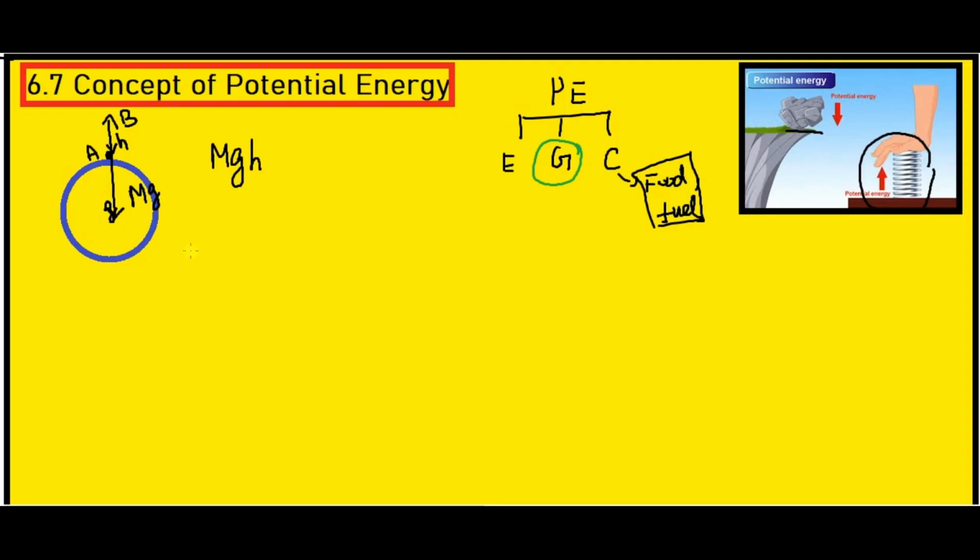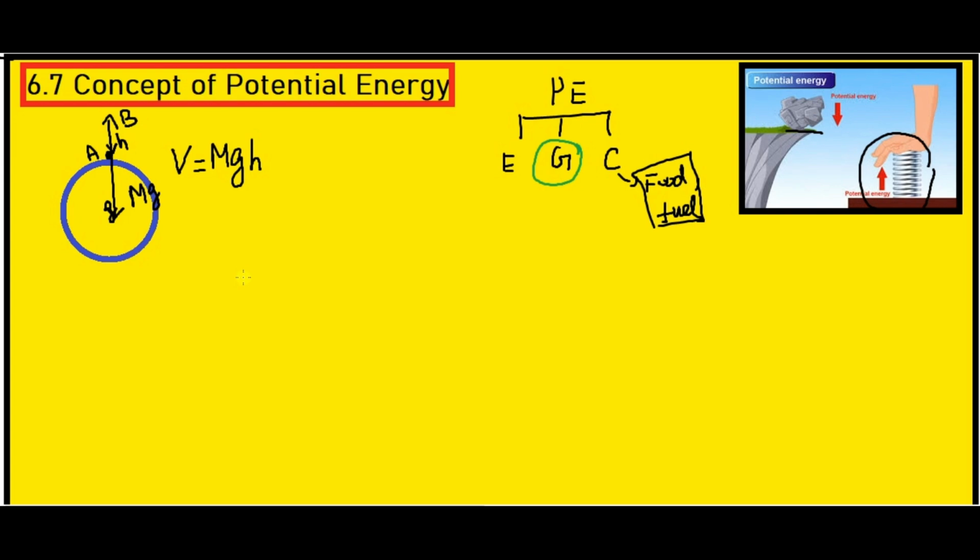This is also the gravitational potential energy stored in the object at the height h. Therefore, we can write this work done as potential energy V = mgh.